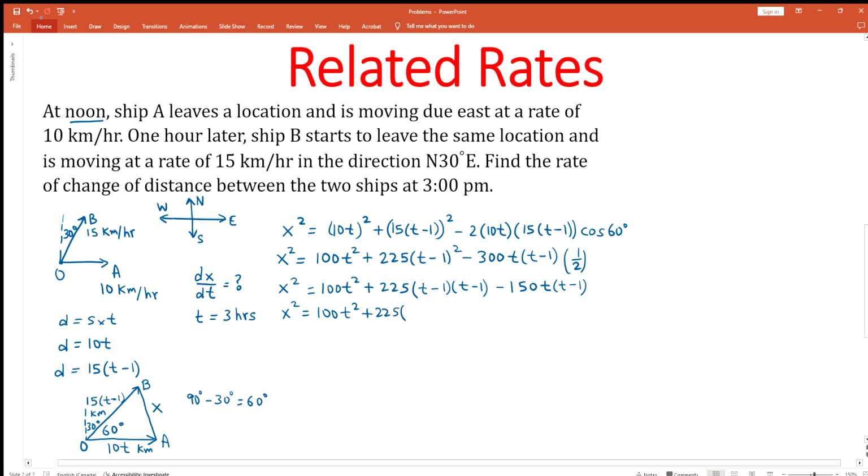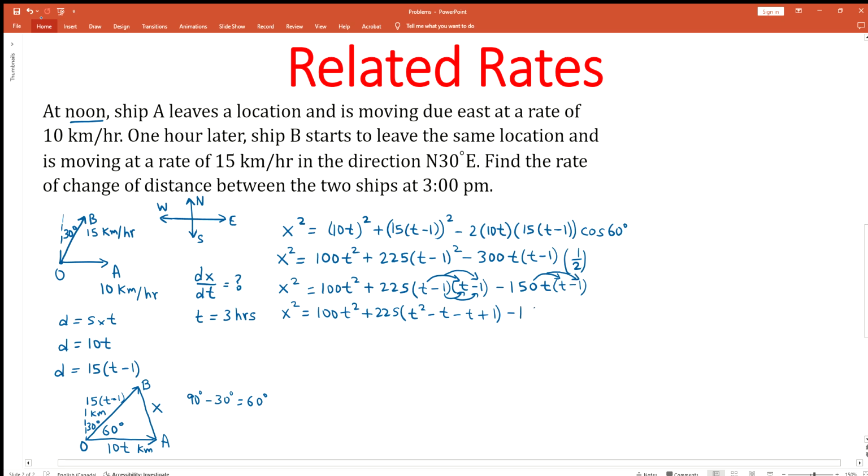Next, we can use FOIL method to distribute the terms in the parentheses. Next, we can distribute negative 150t into the parentheses. We should multiply both terms in the parentheses by negative 150t.